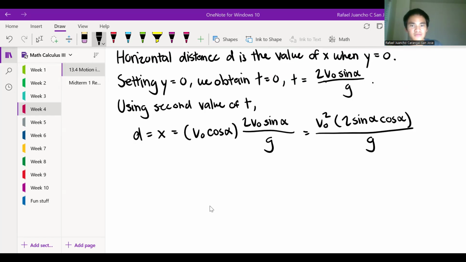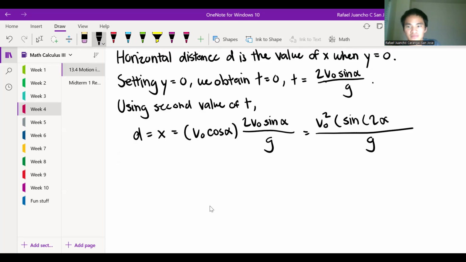And actually, funny enough, this is a trig identity. So this is just sine 2 alpha. Let me rewrite that better.